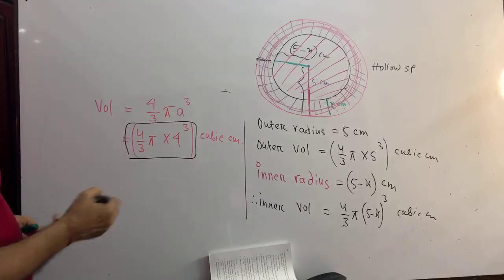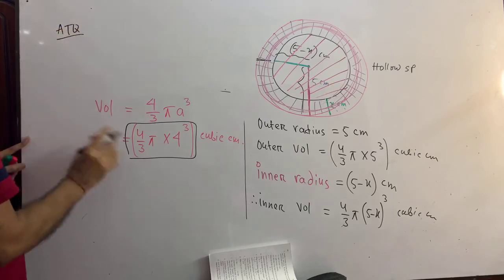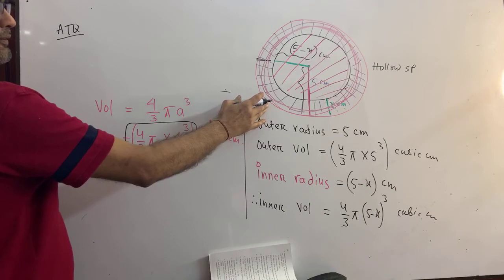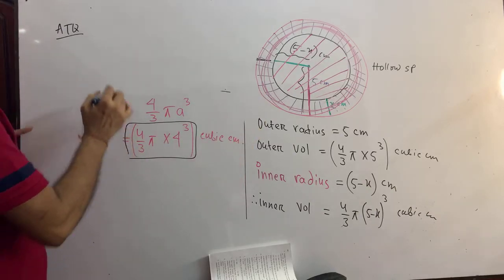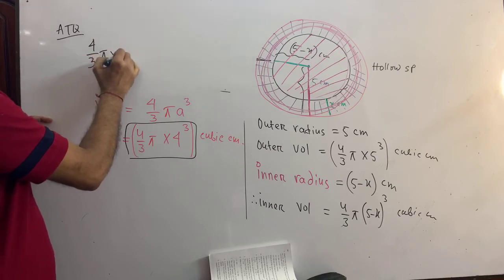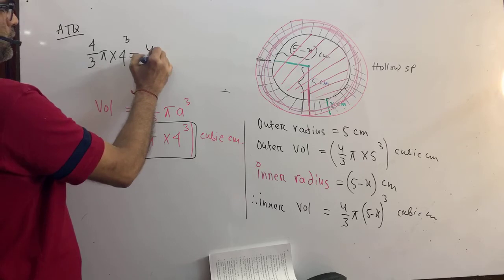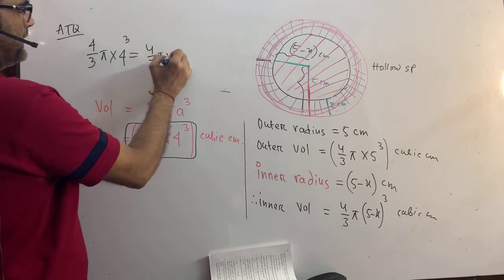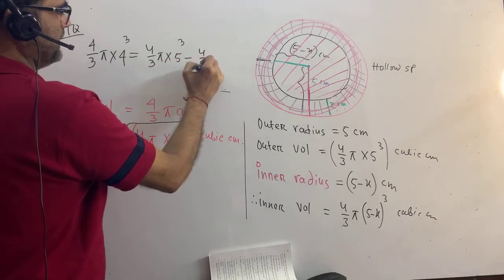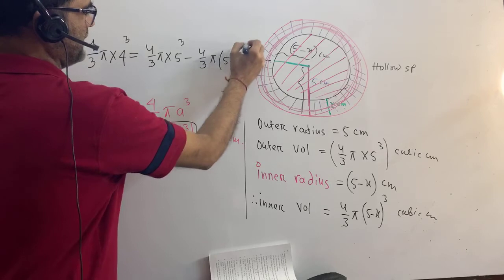According to the question, we can write 4 by 3 pi into 4 cube is equal to 4 by 3 pi into 5 cube minus 4 by 3 pi into 5 minus x cube.